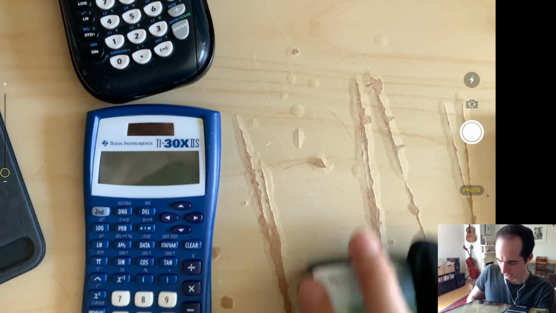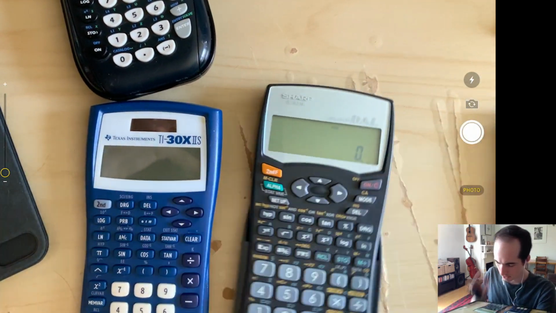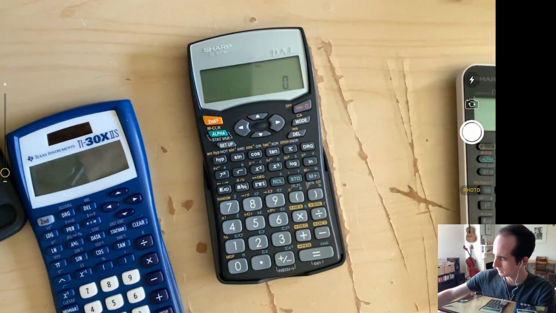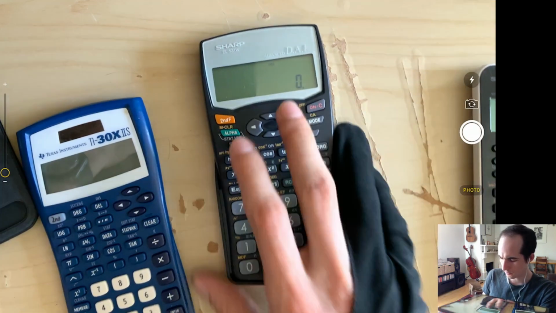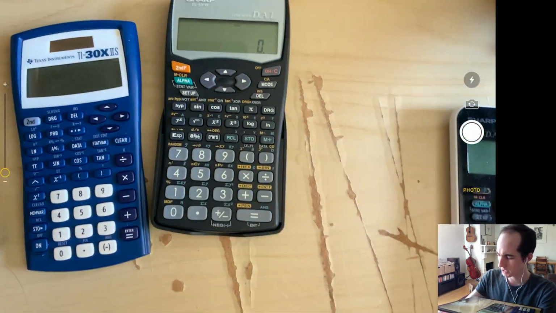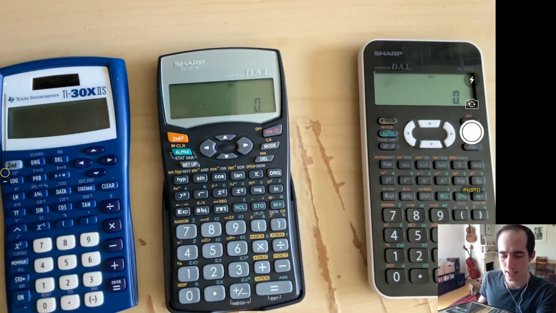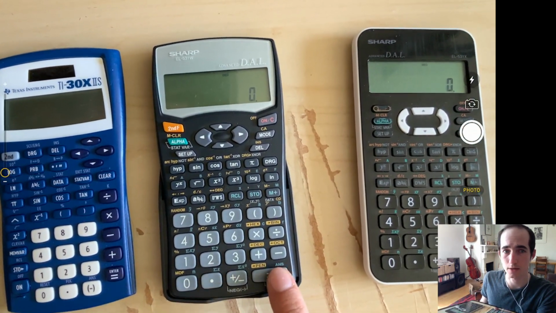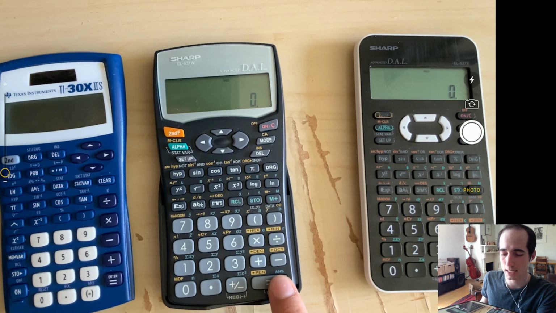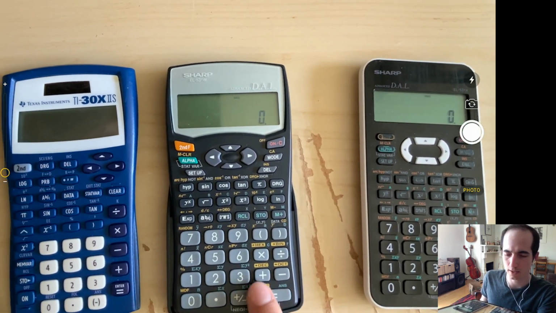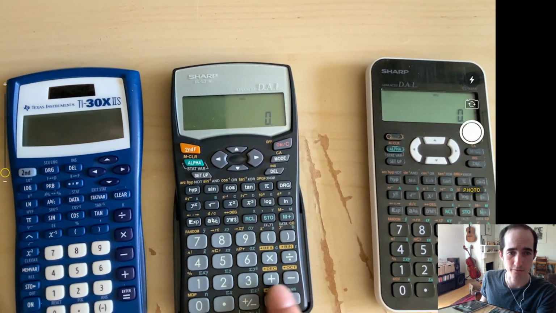So I'll show you just some of the things that we're going to be doing. One little trick that we may or may not use today, but just on the topic of calculators, a really handy button to use is this answer button right here, the blue ans. Your calculator has just a very small amount of memory.